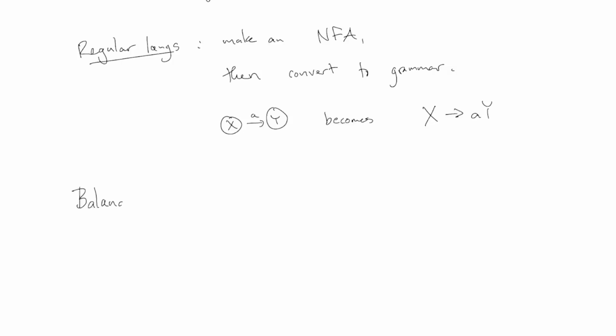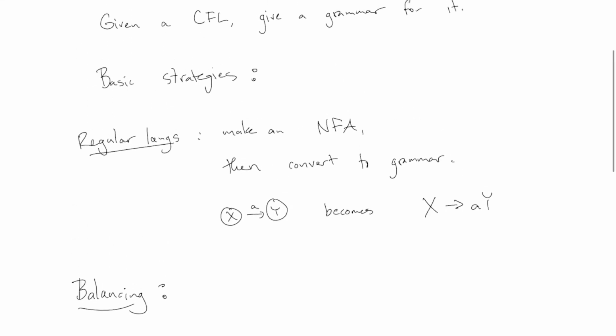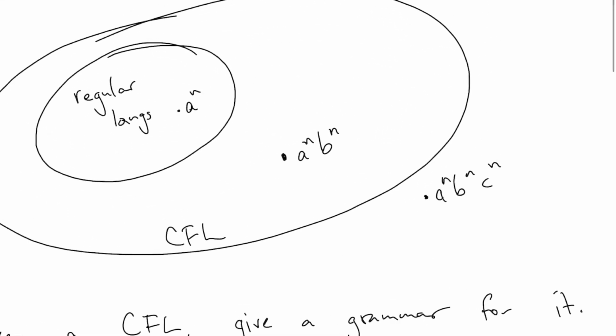And the general strategy that is used is one which involves what I call balancing. I would say the hallmark of a non-regular language, at least the ones that we've seen before, is like this, a to the n, b to the n, right? And what makes this not regular is really because of this repeated n.